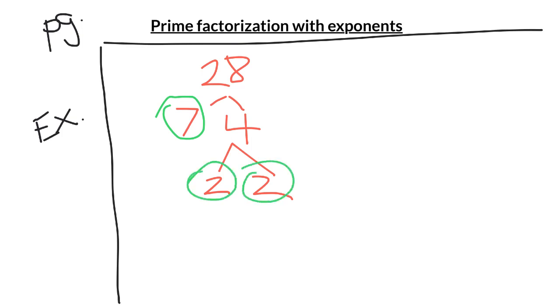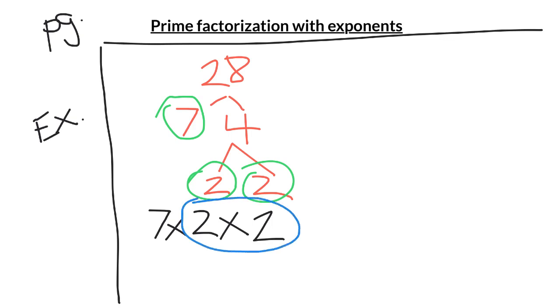Now, in our lesson a couple of days ago, you wrote this out as 7 times 2 times 2. This is where it changes because we have a duplicate. This set of 2's right here, we are going to combine those with an exponent. Because remember, an exponent tells us how many of that number there are.